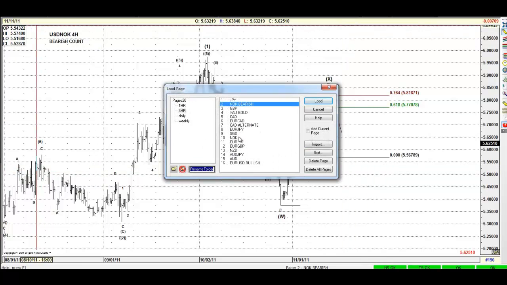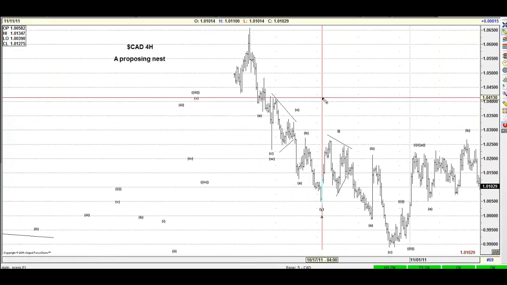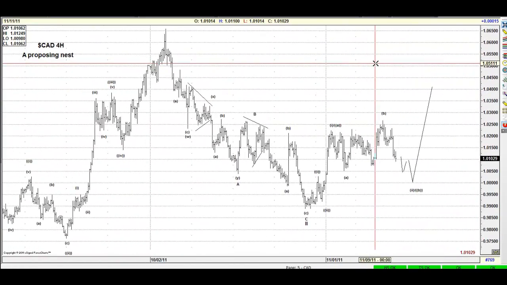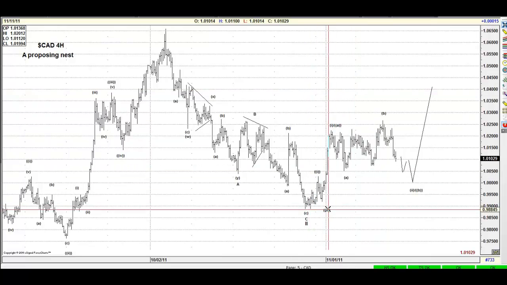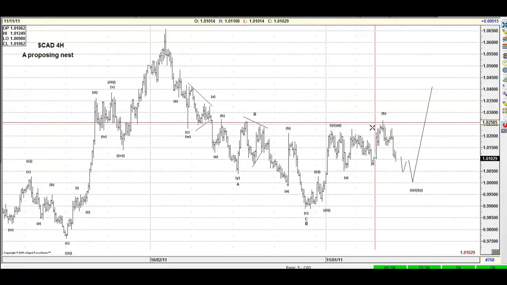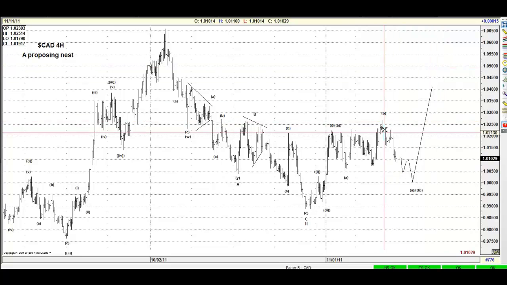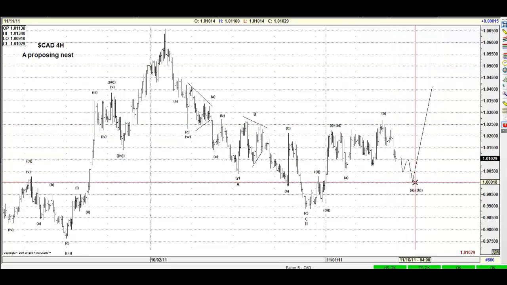It's the same with the cat. Look at the cat. This is the cat in the 4 hour. This is the bullish one. 1, 2, 1, A, B, C, and higher, with a flat on the C wave. Right?